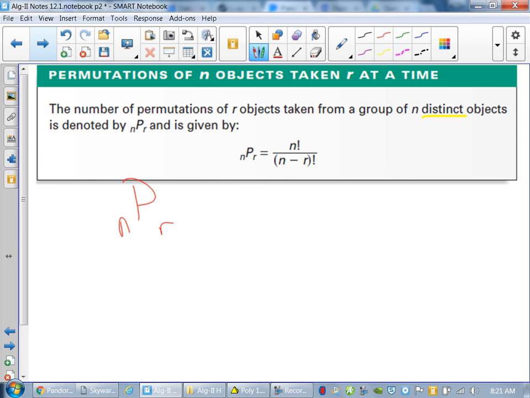Think of the 12 skiers total. How many ways can the top 3 finish?